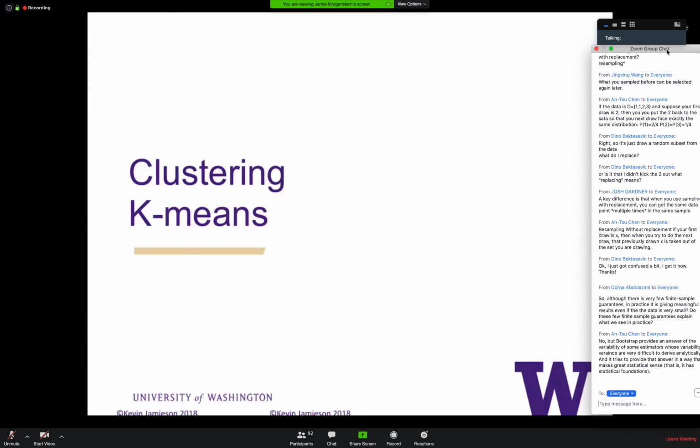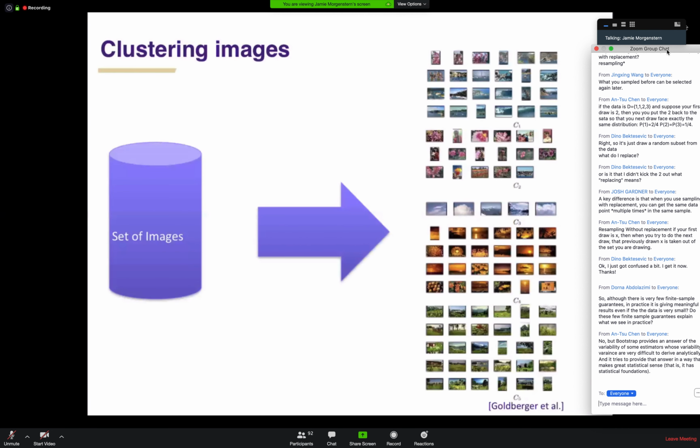One motivating example is you might work for Google or some other large company where there's a huge amount of image data. You have many, many images, and you might want to say something about a collection of images.